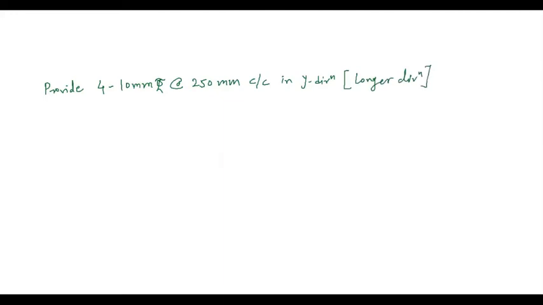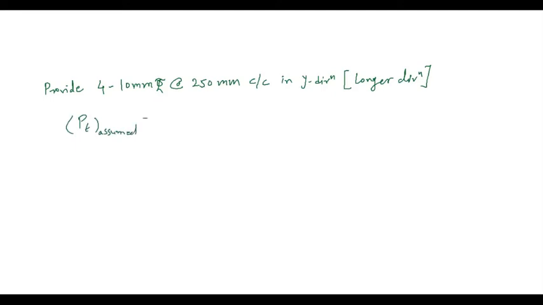Okay, so now you have got the bars in shorter direction and you have got the bars in longer direction also. But here now, see percentage of steel assumed, PT assumed. How much we have assumed?